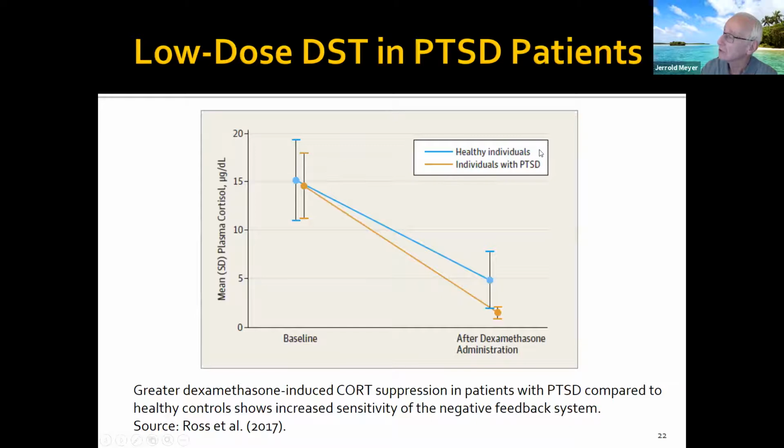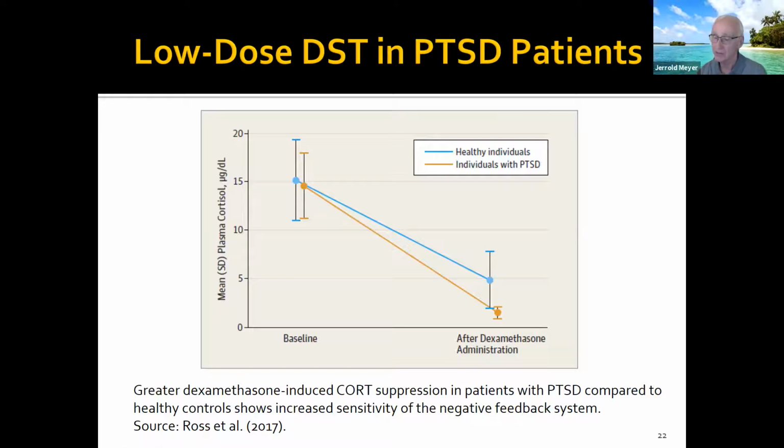So here's a healthy control group, and here's a group of individuals diagnosed with PTSD. They're using plasma cortisol in this case. And here's the baseline. Both groups have an average baseline level that's about the same. And then at some time point, I don't know the details of this, they looked at the plasma cortisol levels in the two groups, and you can see that the individuals with PTSD actually had greater suppression.